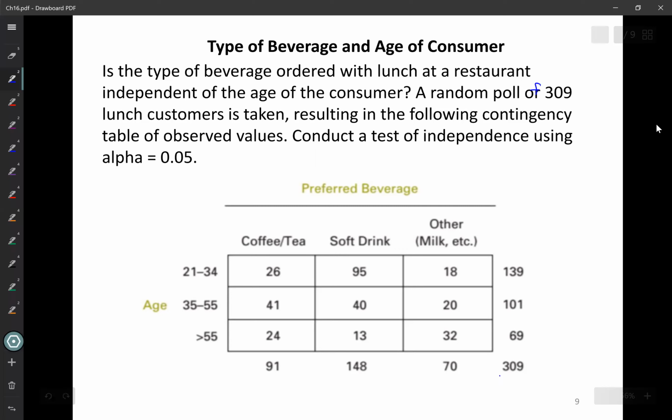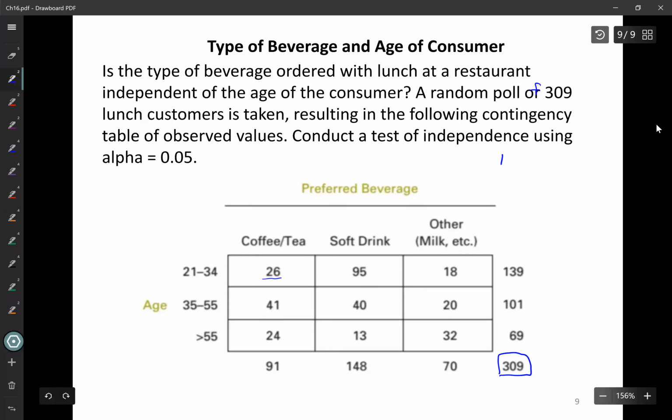Out of 309 lunch customers from the poll, 26 of them were between the ages of 21 and 34, and they preferred coffee or tea. Let's first calculate what we would have expected to see out of 309 lunch customers. We observed 26, but what should we have expected to see?